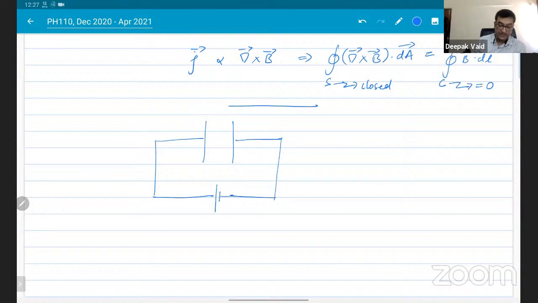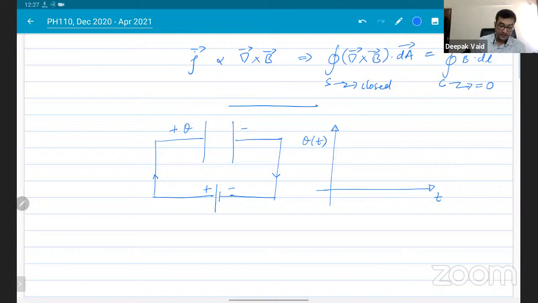Let's say that I have a battery and I connect it in a circuit to two parallel plates like this. Now I can calculate the charge on each plate.